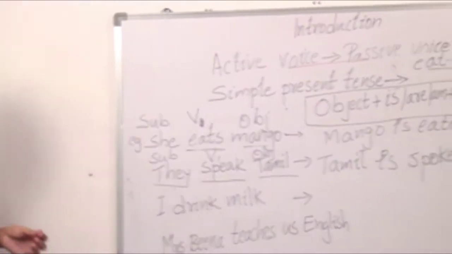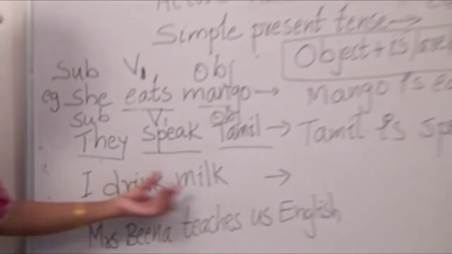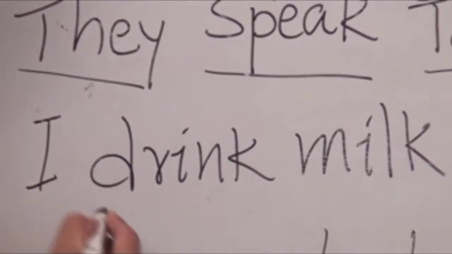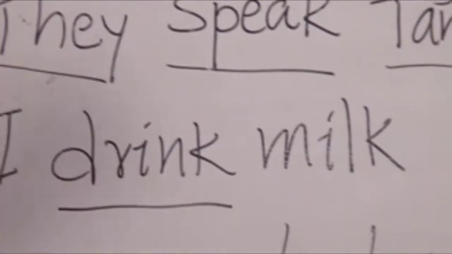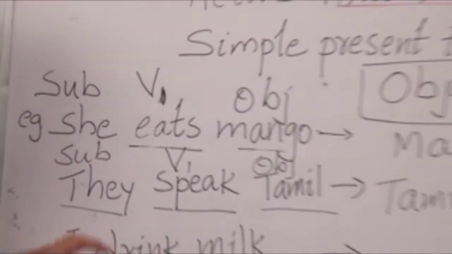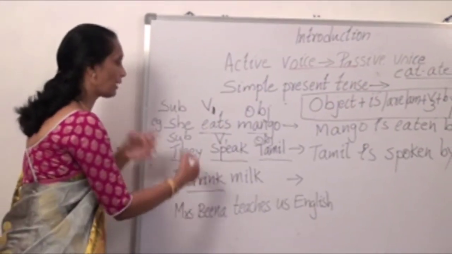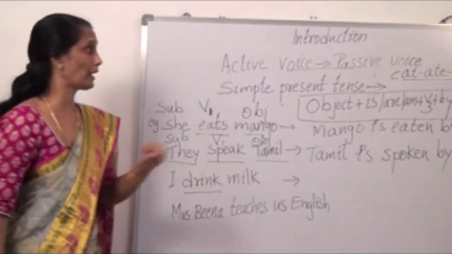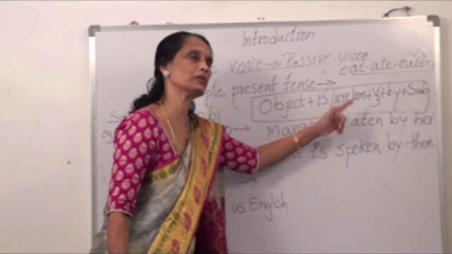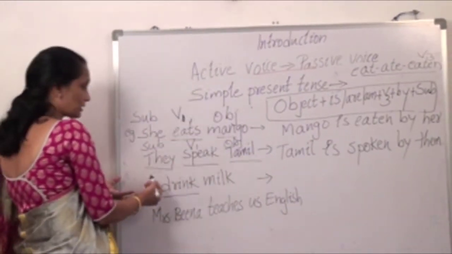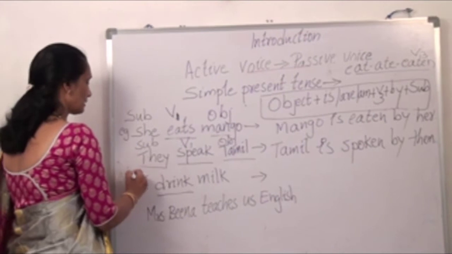Now let us see the next case. I drink milk. What is the verb? Drink is the verb. In which format is it? It is in V1 format, so it is simple present tense. When there is V1, which formula do we apply? Object plus is or am plus V3 plus by plus subject. What is the subject? I is the subject.